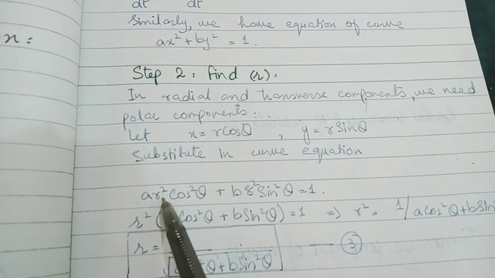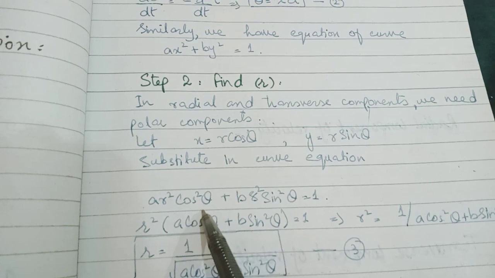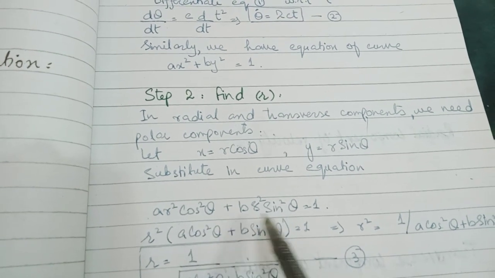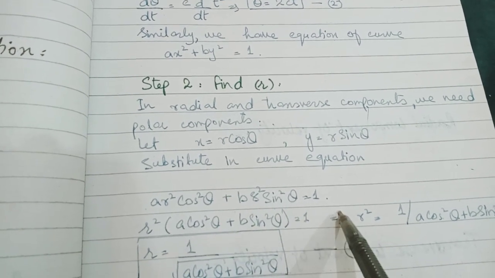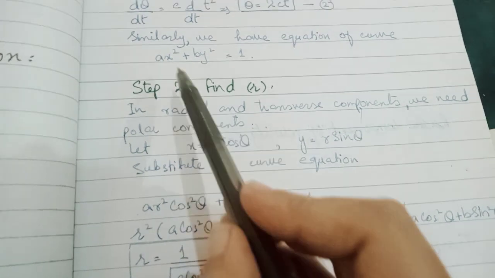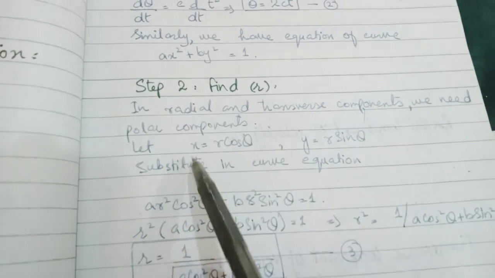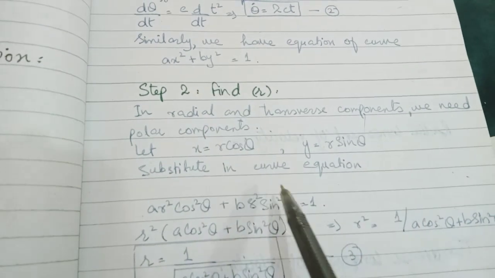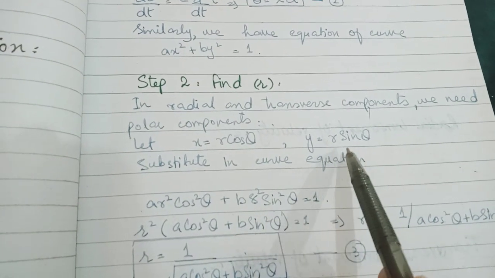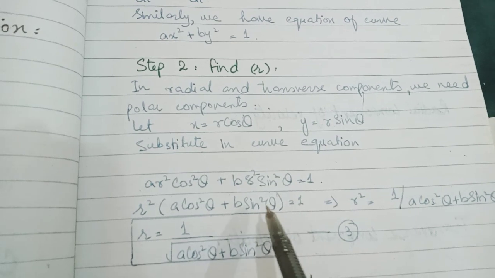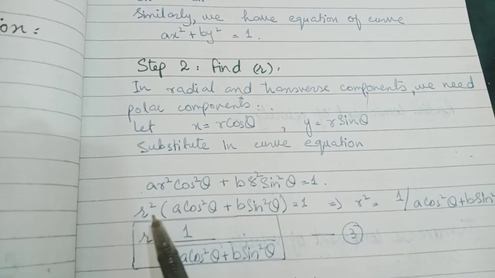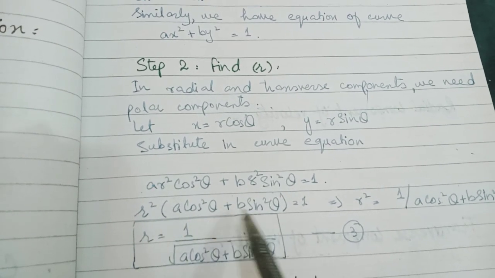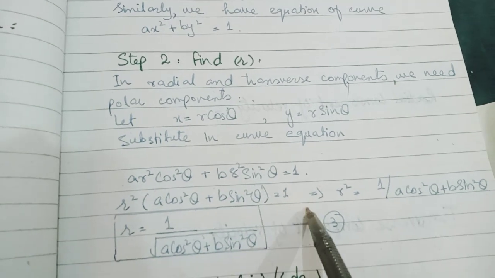So now a r square cos square theta plus b r square sin square theta is equal to 1. In the place of x square we have substituted this value, and in the place of y square we have substituted r sin theta. As a result we get r square times a cos square theta plus b sin square theta is equal to 1.